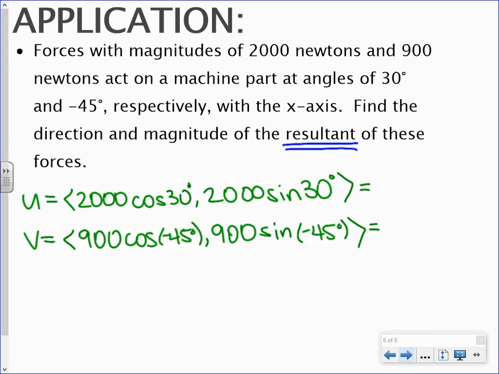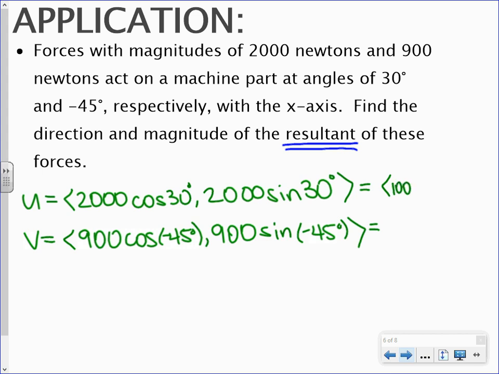So this would be my suggestion. 30 degrees and 45 degrees, those are angles from the unit circle. The more exact we can be early on in our work, the more accurate our answer is going to be when we get to the end. So I would write this as, so this is 2,000 times radical 3 over 2.